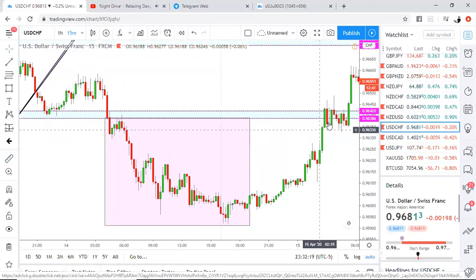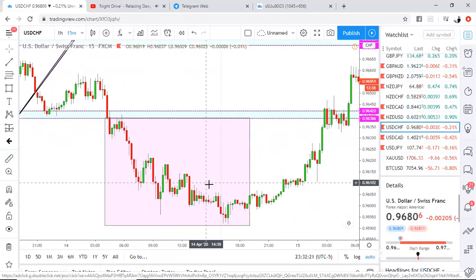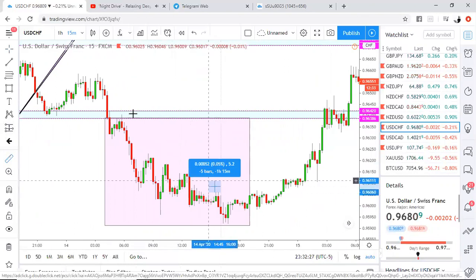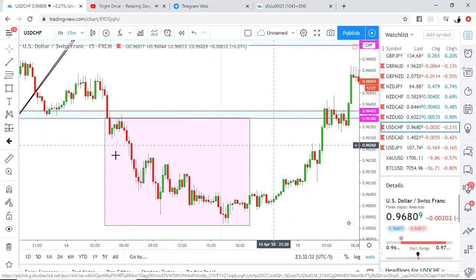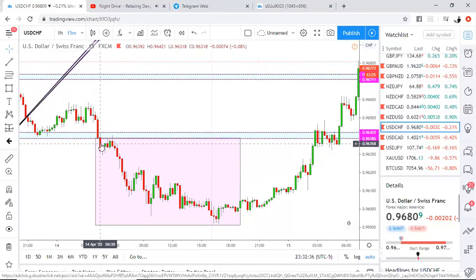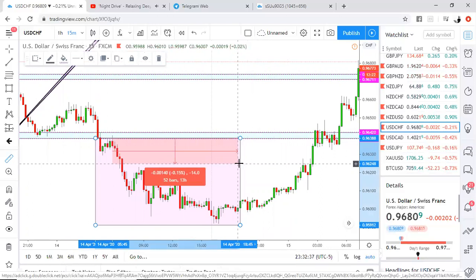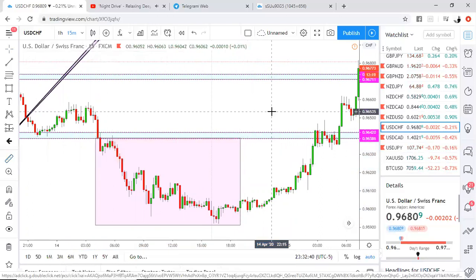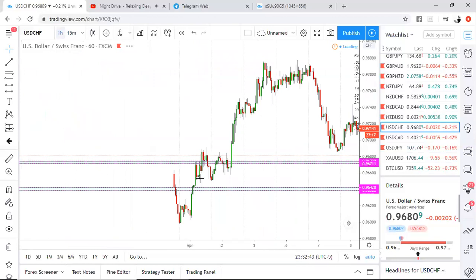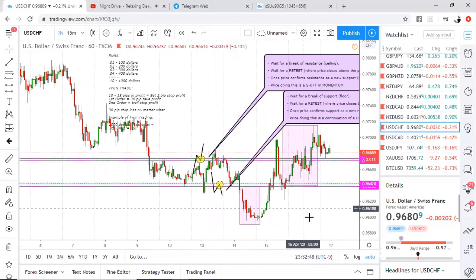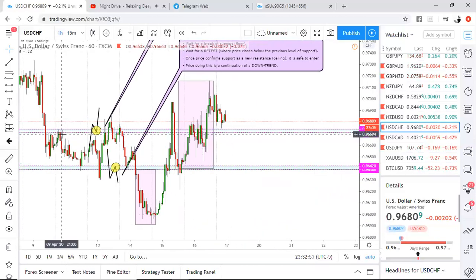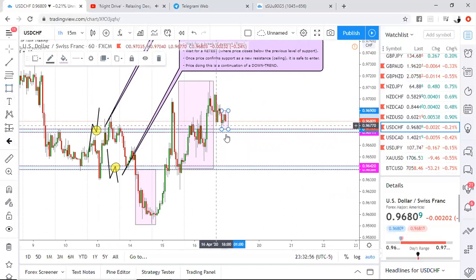It goes back up and either hits your 2 pip stop profit, or if you were trailing on the 15-minute, you can see where price would go and you can end. And we're just still seeing how high this one could go.